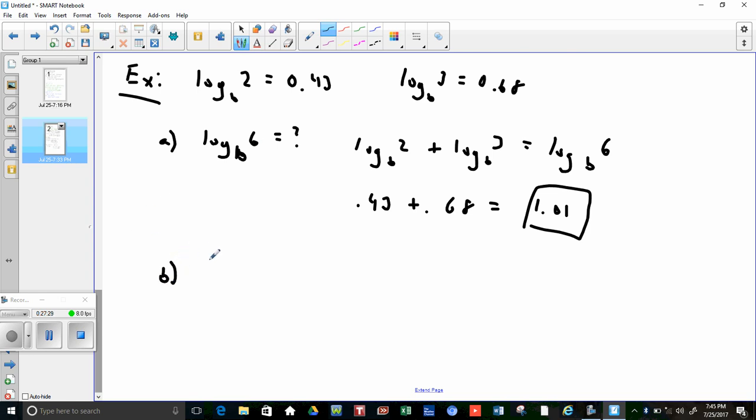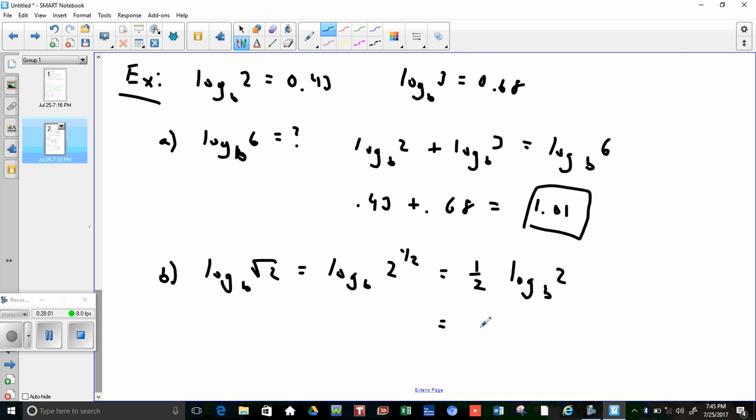So if I have the log of the square root of 2 base b, and I want to find that value, what you need to think is, okay, this is the same as log base b of 2 to the 1/2, but I can bring the 1/2 out to the front using properties of logs. So this log of 2 base b, I know that's 0.43.